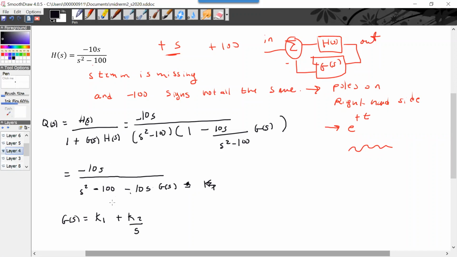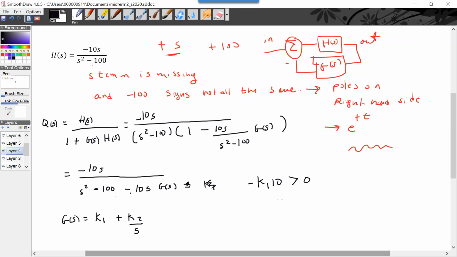All right. And now what else I have to do is worry about each thing individually, right? So I need K1 to be greater than 0.